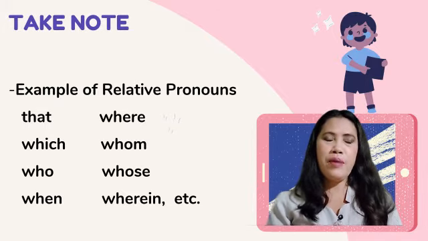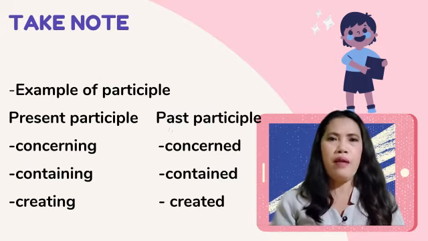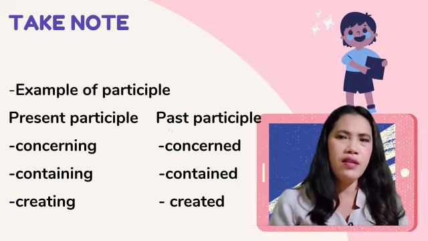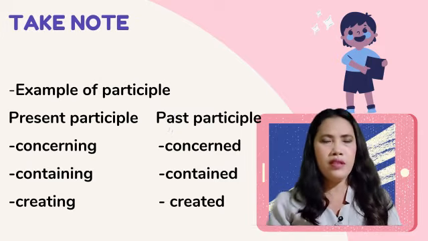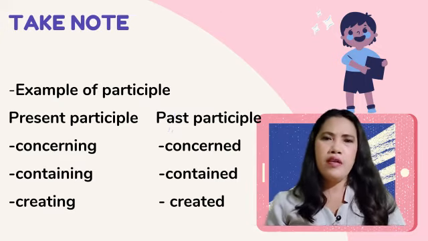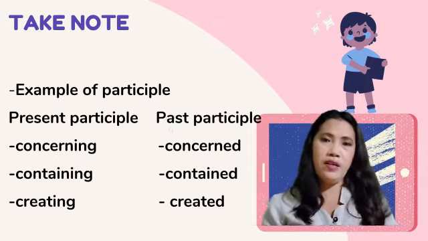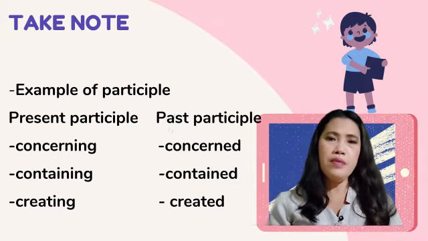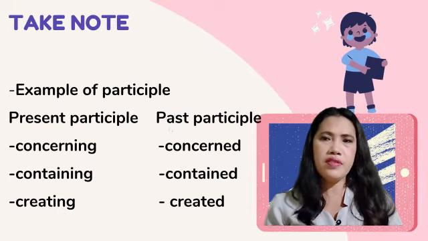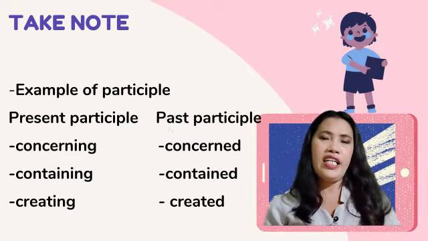Likewise, for the participle, we have the present participle and the past participle. I hope you still remember this. The present participle consists of verbs ending in -ing, and the past participle consists of verbs that end in -d or -ed.